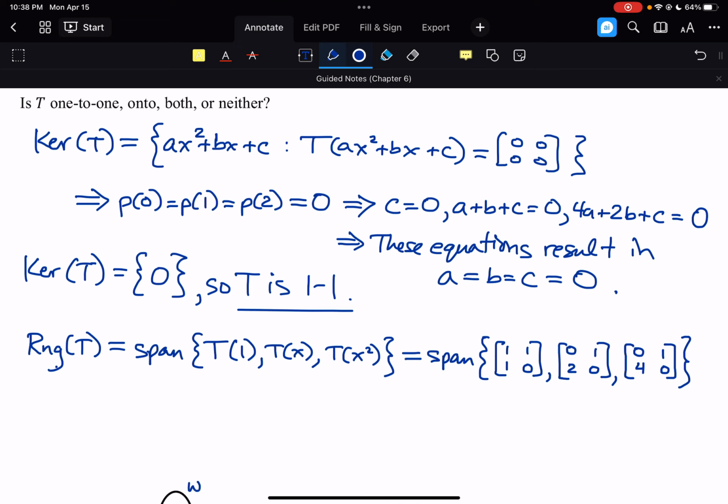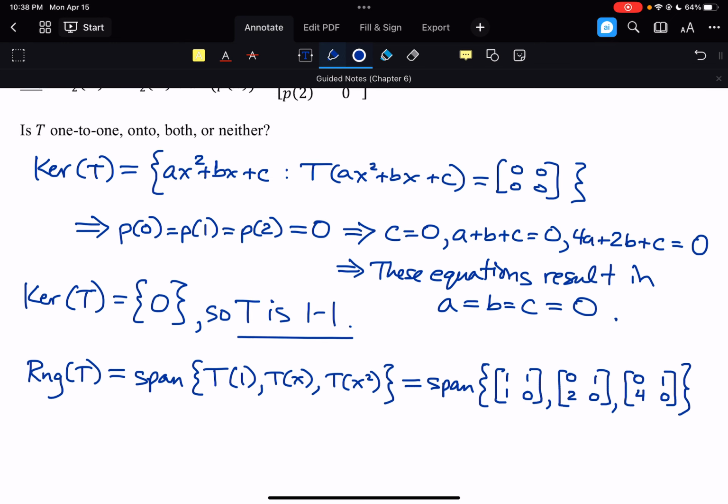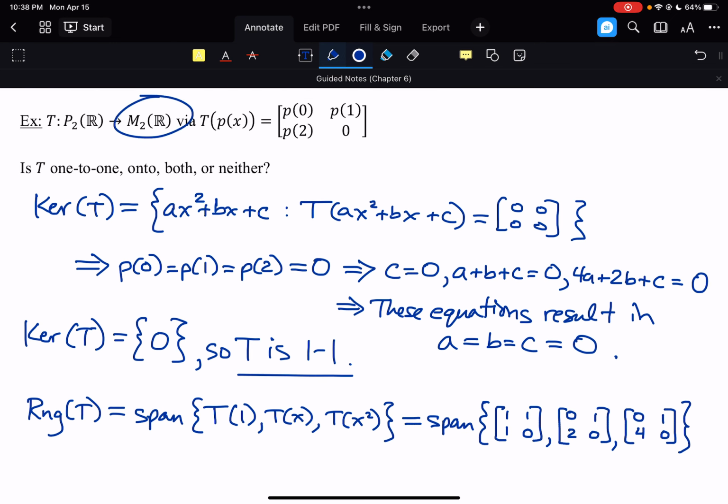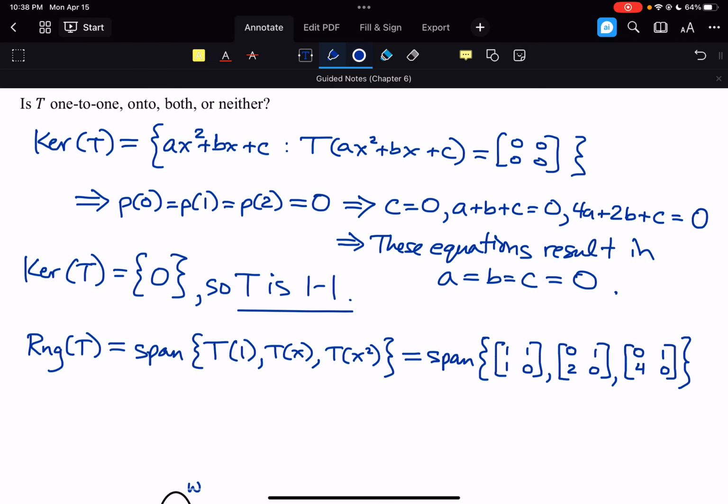So if we look at our range, it is the span of these three matrices. The problem is that the vector space that we're supposed to be spanning and covering entirely, if it's onto, is M2, which has a dimension of 4. So this contains only 3 vectors, but the dimension of W is 4.